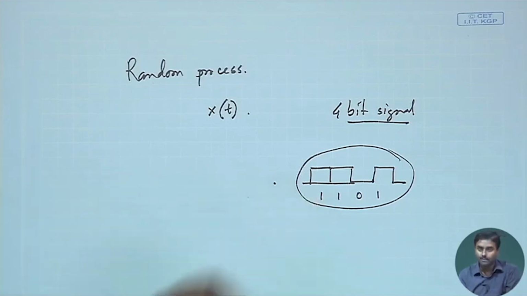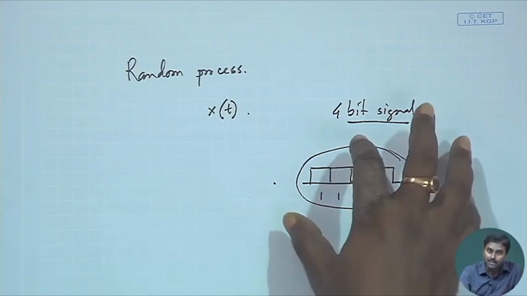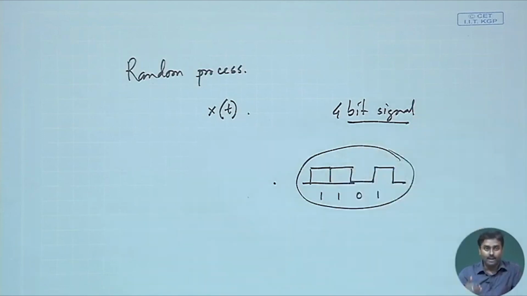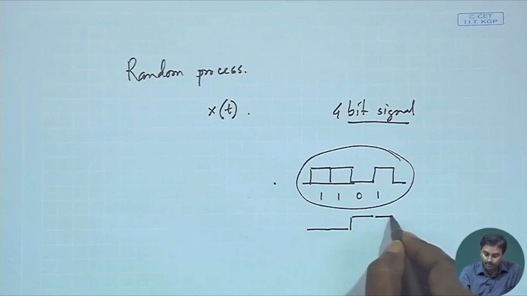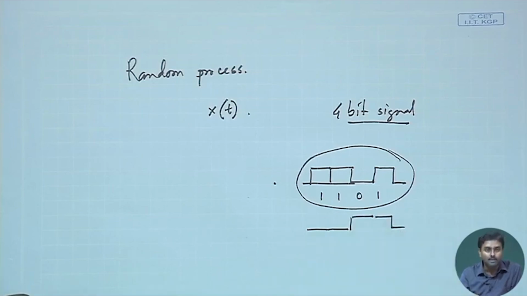This is just one of them. This is the sample function that I have received, but I could have received equally likely another sample function also, like it might be 0, 0 followed by 1 and then followed by 1. It could have been this sample function, or there might be multiple such things.